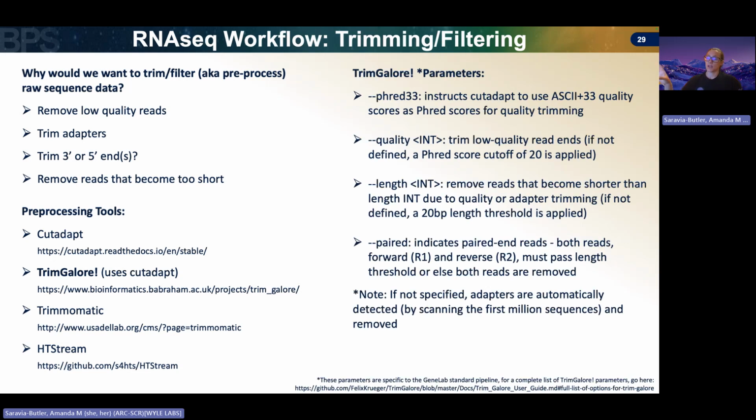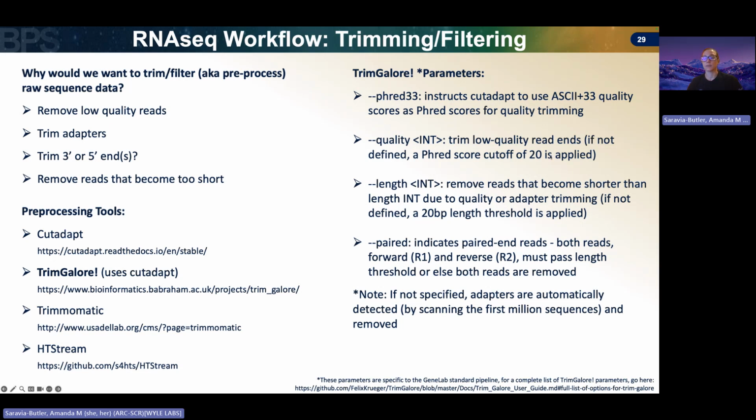And so these are just some parameters that we use for the GeneLab pipeline with Trim Galore. We let the tool know that our quality scores are Phred 33 encoded. We also want to tell it what Q score to use to trim reads that do not meet that threshold. We actually use the default, which is a Q20.